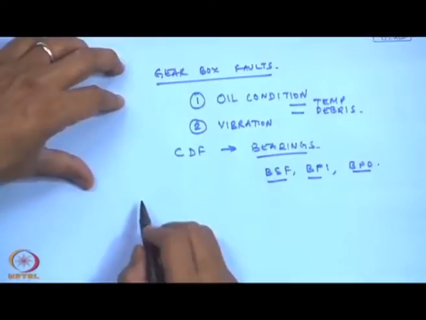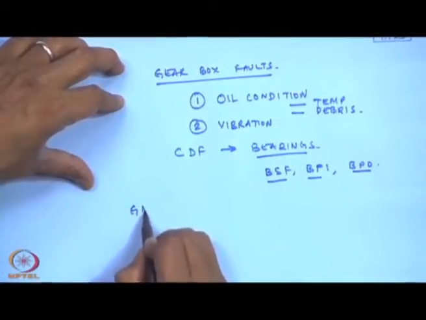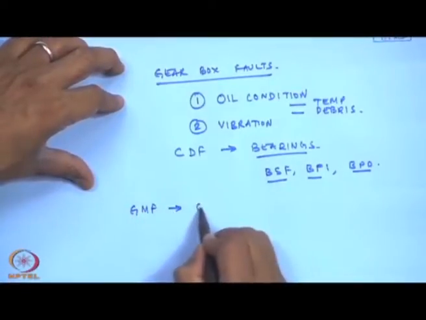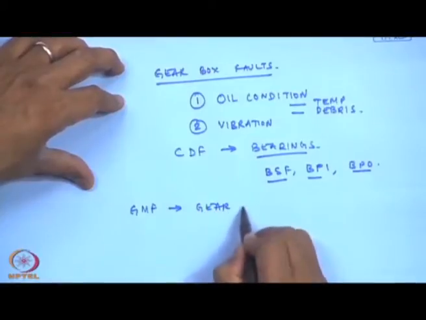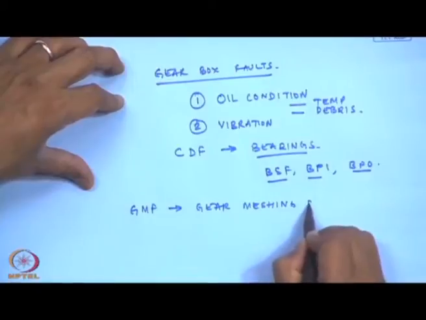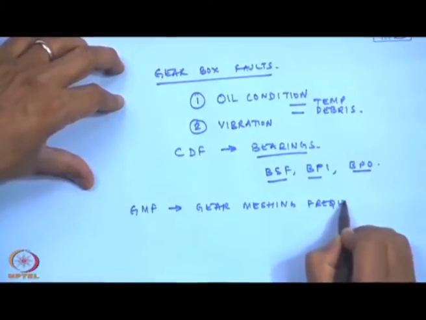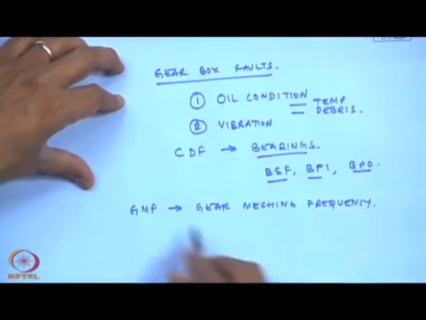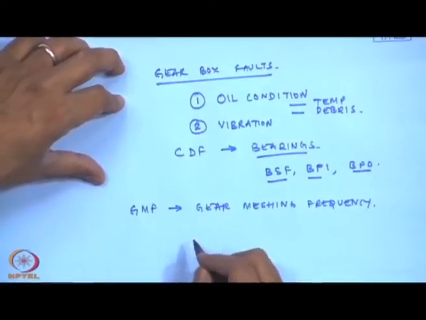but when there is a gear fault, something known as the GMF, that is known as the gear meshing frequency, will show up, and there will be side bands around the gear meshing frequency, because these gearboxes are subjected to change in load, change in speed.